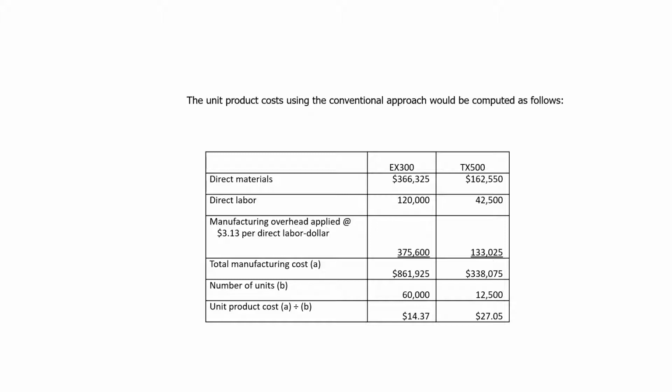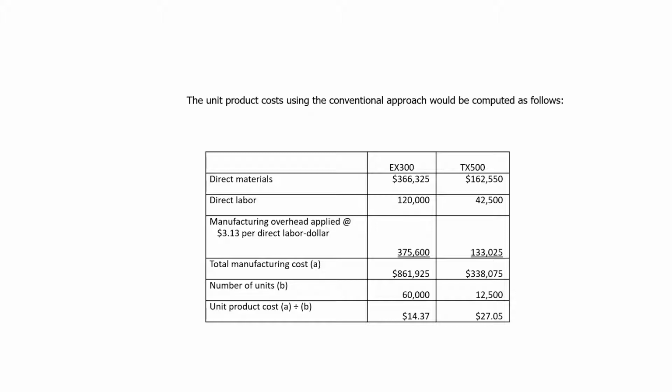Okay, so in the first requirement, they want us to compute the plant-wide overhead rate that would be used in the company's conventional cost system, compute the unit product cost for each product using that plant-wide rate. Now remember, they allocate overhead based on direct labor dollars. So we want to determine that overhead rate.